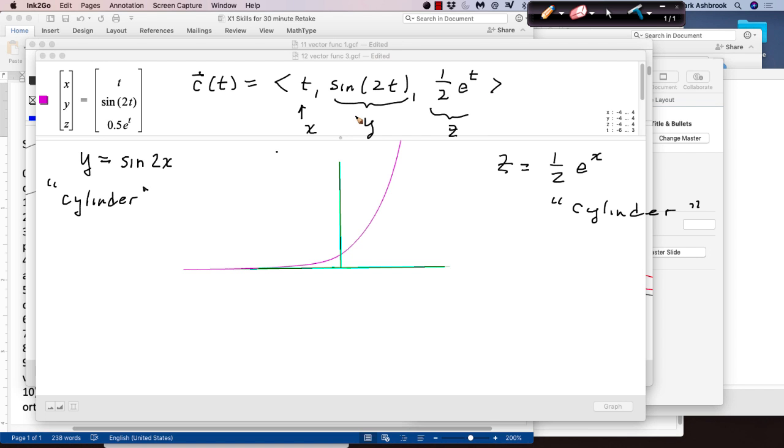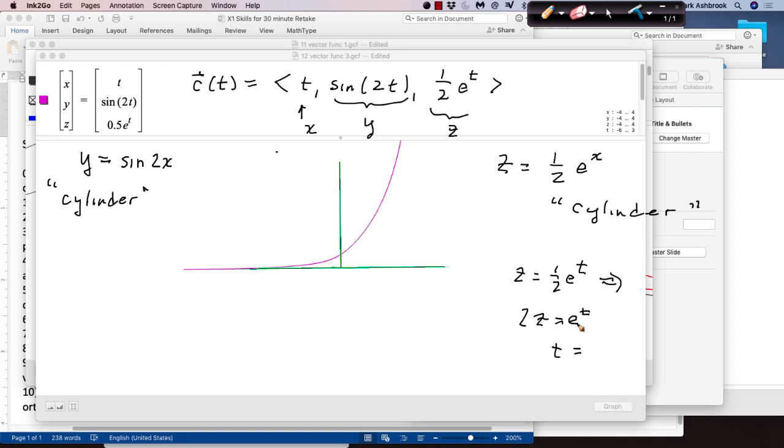So how can we combine y and z? What would we need to do to combine y and z? Z equals 1/2 e to the t. What do we need to do then to get this to work? Solve for t, right? So 2z equals e to the t. What does t equal?